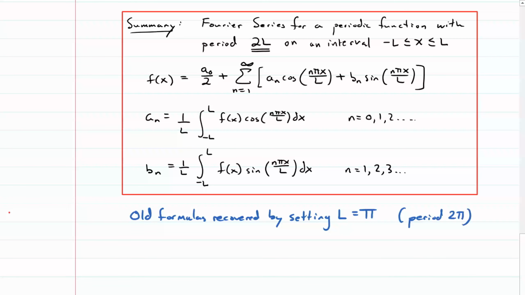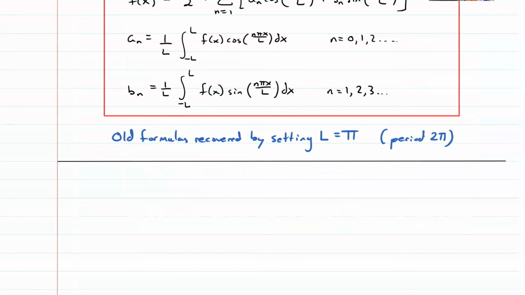Okay, so there's the first example. We've now generalized to any period. And now let's go on to the second generalization, which is that what if my function has a finite domain from 0 up to something else? It's not defined everywhere. Can we still use the Fourier series for that?